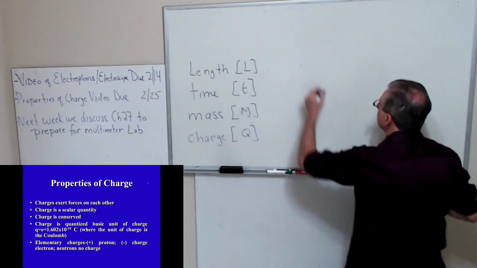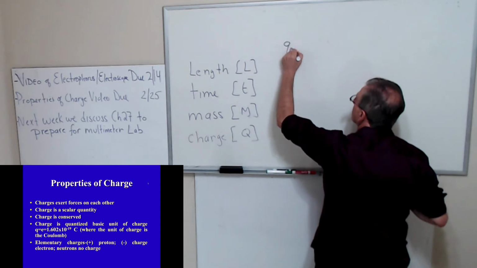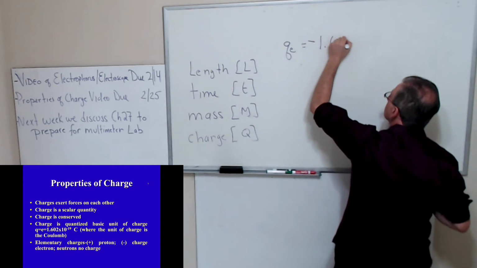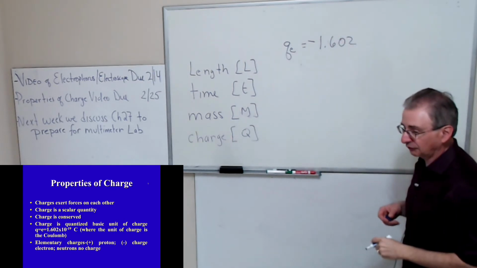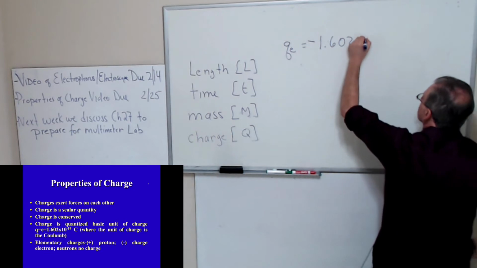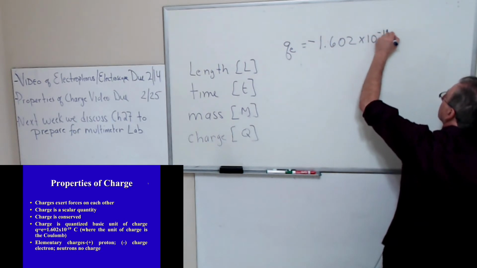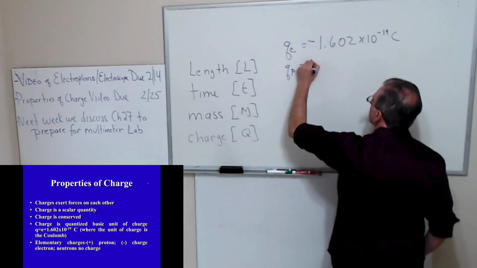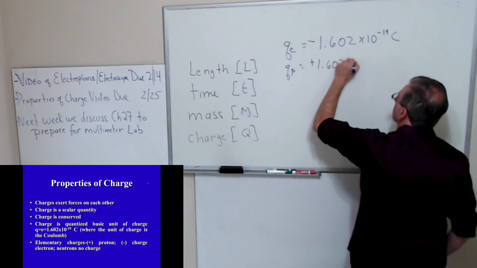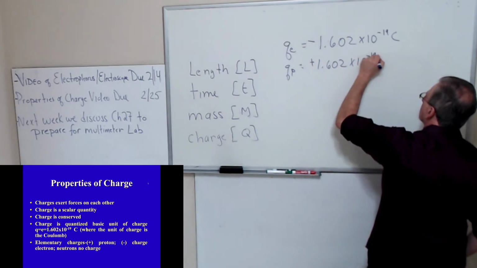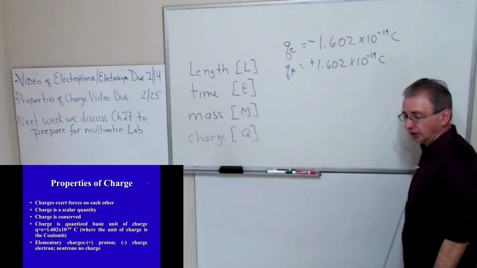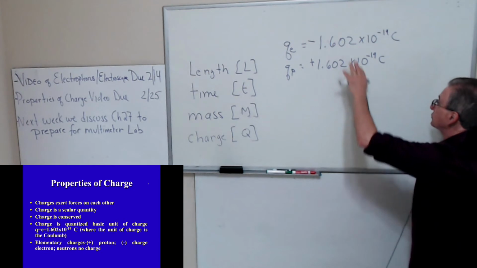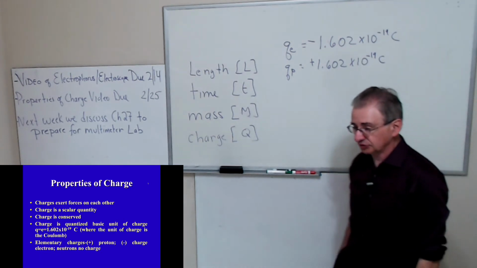And so the charge on the electron, I'll write Q sub E, Q for charge, is minus 1.602, and I'm only writing it to 4 significant figures, times 10 to the minus 19 coulombs. And for the proton, those are the most basic unit of charge. All other charges are some sort of linear combination of those two.